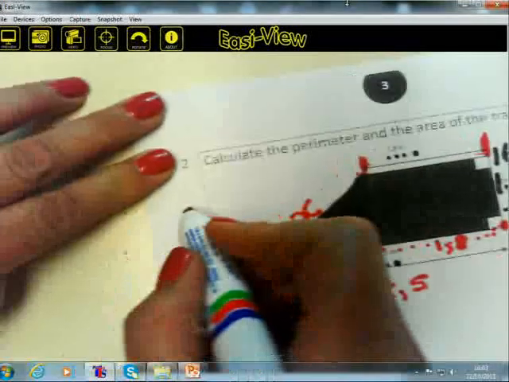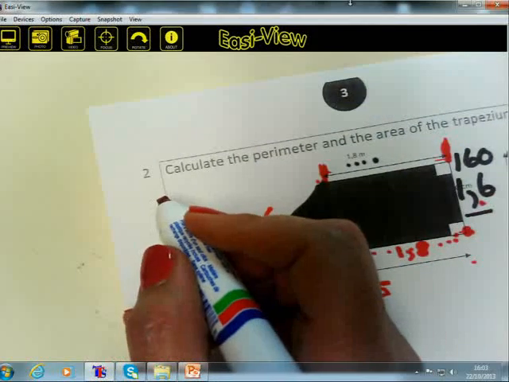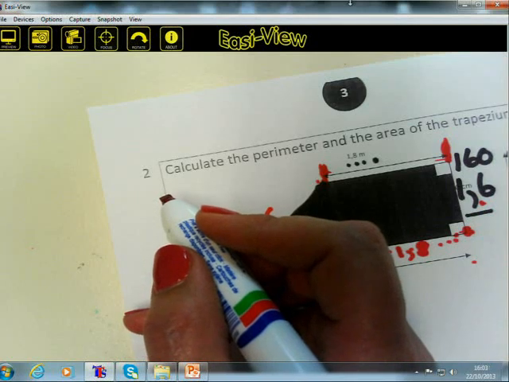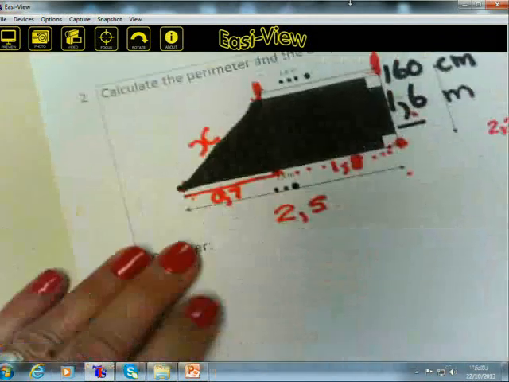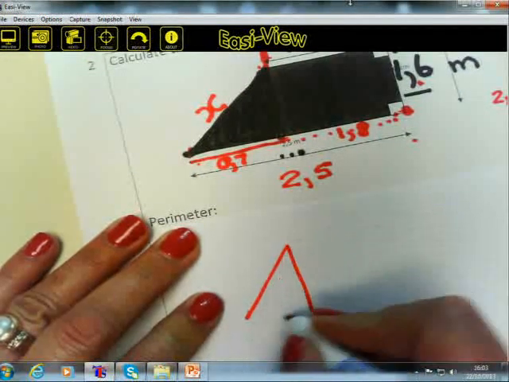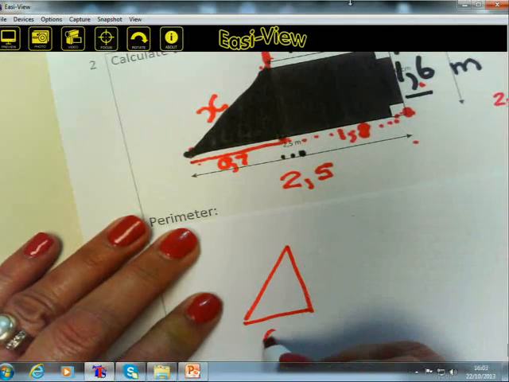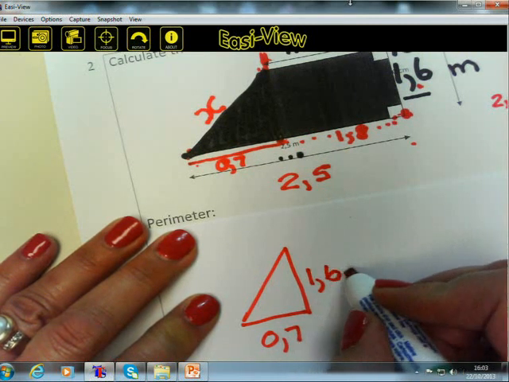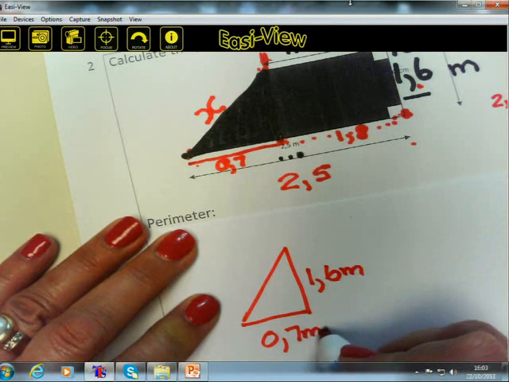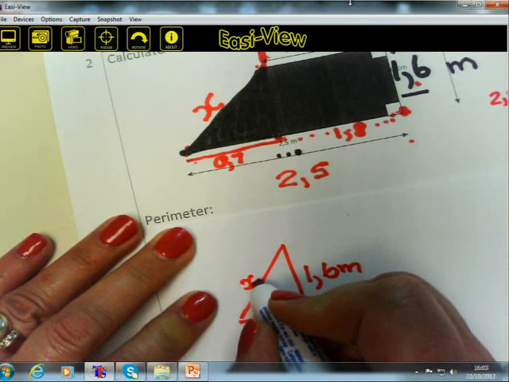So let's quickly draw this triangle. I'm going to get a separate piece of paper to just take out this triangle that we have there. This is 0,7. That one is 1,6. And can you see everything is in meters now? And I want this one.